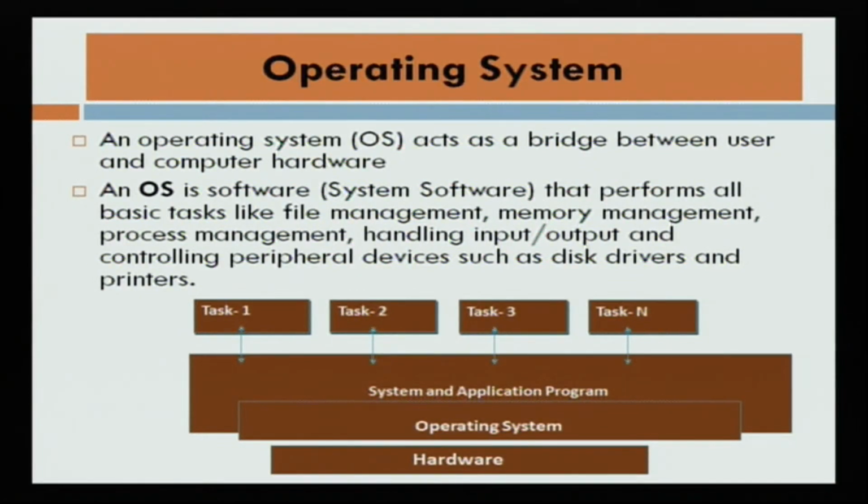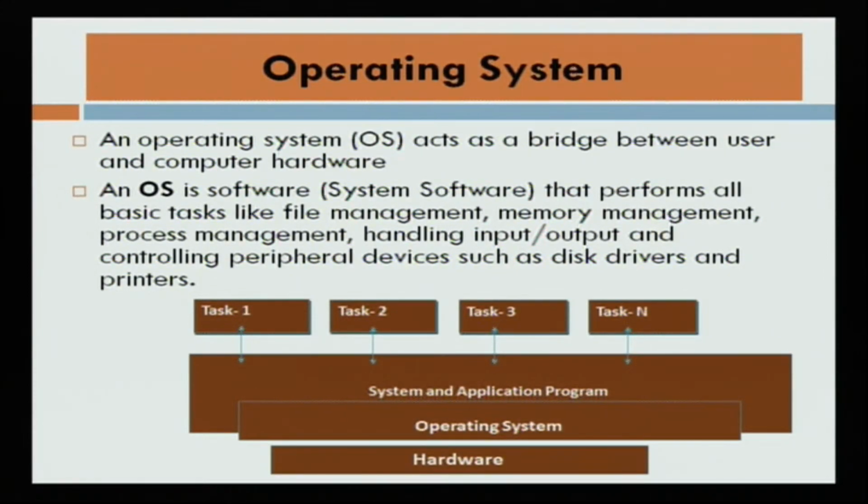As we know, operating system is a system software. It performs all basic tasks like file management, memory management, and process management. The operating system handles input and output and controls various types of peripheral device activities like disk drives and printers. As you can see in the image here, a user is performing n number of tasks.